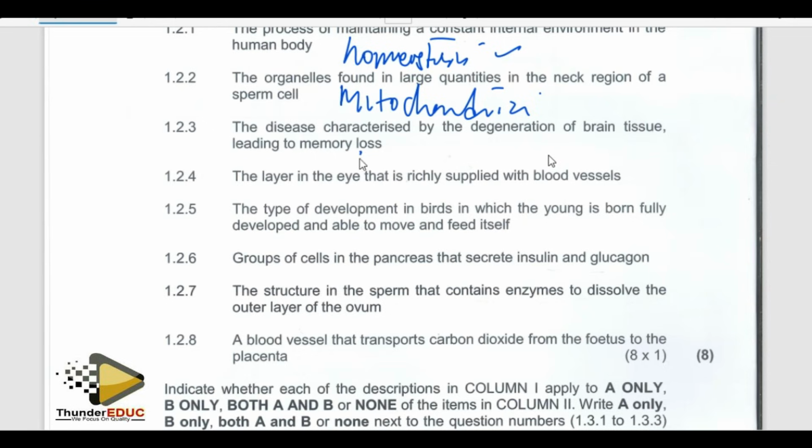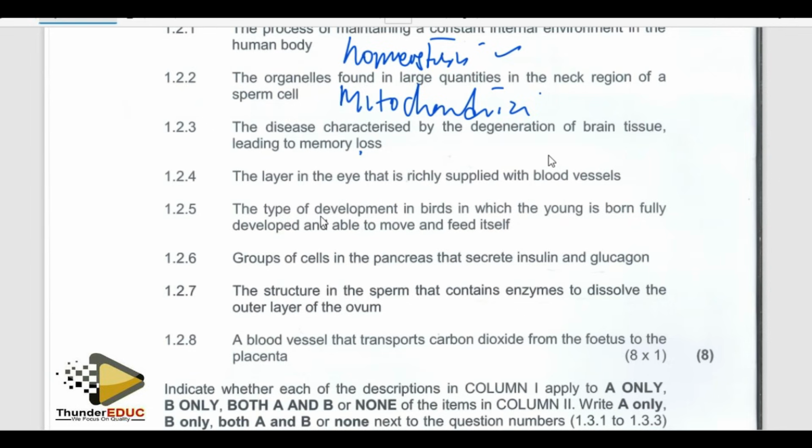Hence, it is Alzheimer's disease. The layer in the eye that is richly supplied with blood vessels. How do you call that layer? If you look at it, it is dark in color, black when we are drawing it in most cases. We call it choroid.